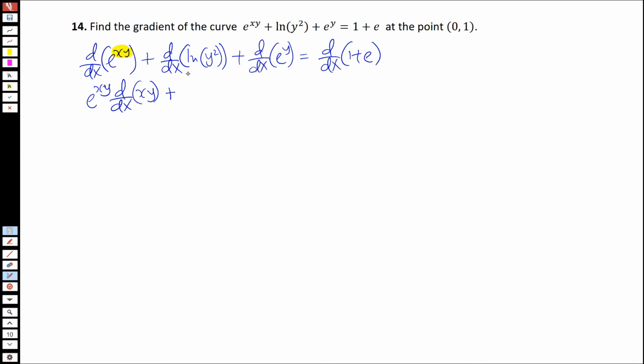Then plus, here again we have a function inside another function. If we start with the outside, the derivative of ln of something will be 1 over that, so that will be 1 over y squared. Now the derivative of y squared, again you apply chain rule, will be 2y dy over dx.